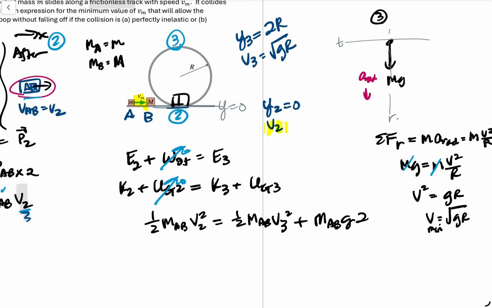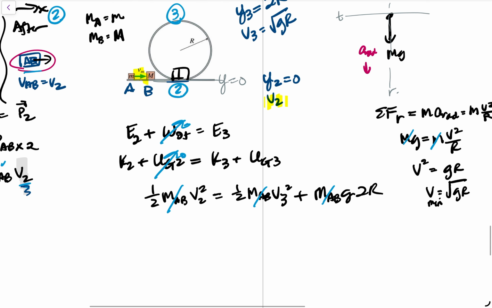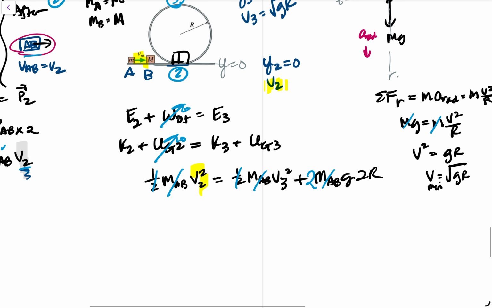All right, looks like we can cancel some masses here. So we're going to cancel mass. And then let's see, I've got a 1/2 and a 1/2, so I'm going to multiply by 2 throughout the whole thing and get rid of those halves. This is the piece that we're solving for, right? So I need to get an expression for that V2.